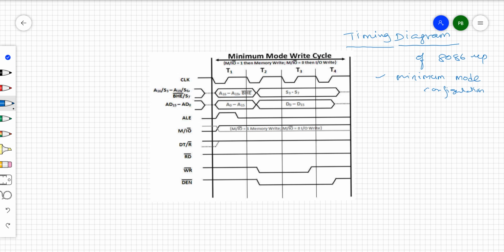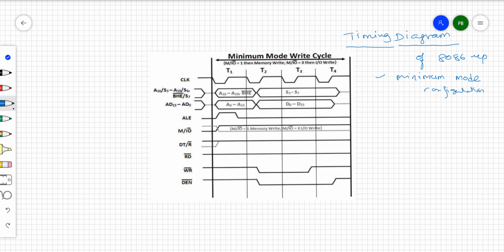Why I call it a timing diagram: while performing data transfers using the 8086 microprocessor, four possible things happen while communicating with external peripherals.